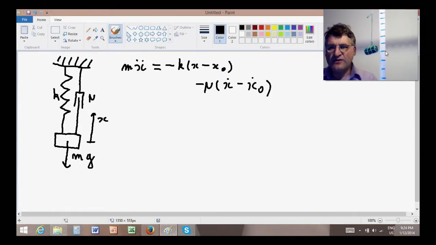Now, in this particular context, x0 would be this quantity here, next to which the mass rests when it is not moving, maybe a little bit above this place.